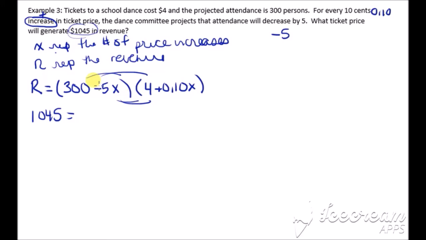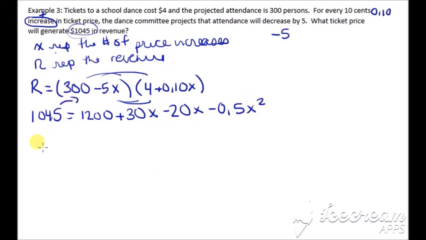So 300 times 4 is 1,200. 300 times decimal 10 is 30. So it's plus 30x. Okay, negative 5 times 4 is negative 20x. And then negative 5 times decimal 1 is going to be negative 0.5x squared.